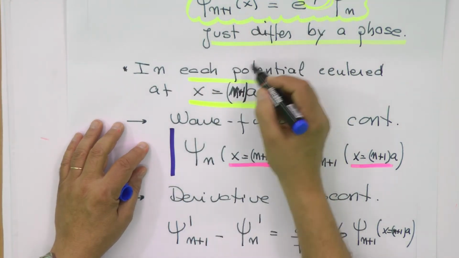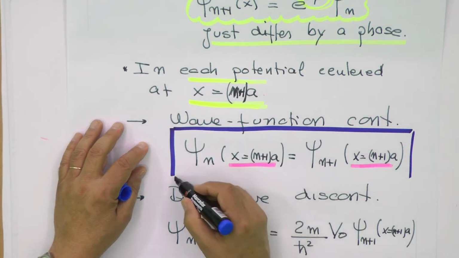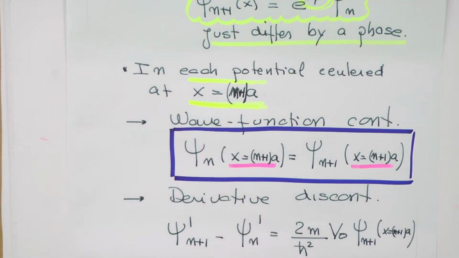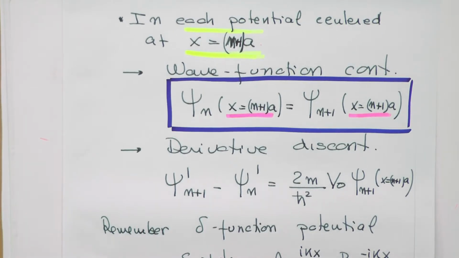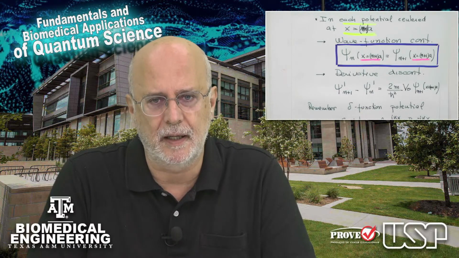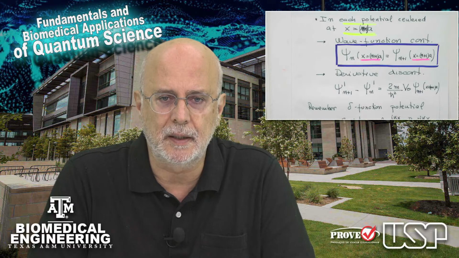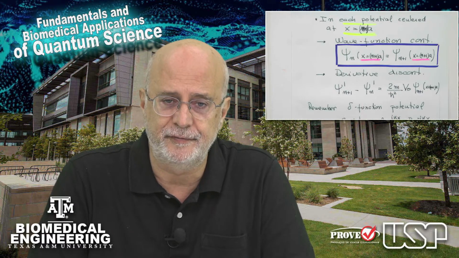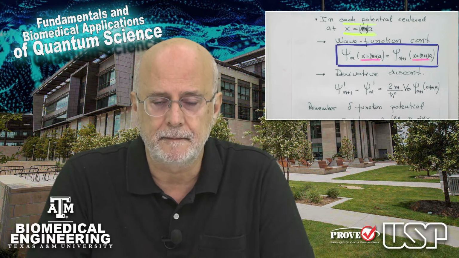We know that everywhere they differ by a phase only. That's not the problem for any x. But on the boundary, they must be equal. And if you remember, we already investigated, and I already explained to you what happens with the delta function type potential with the derivative of the wave function.